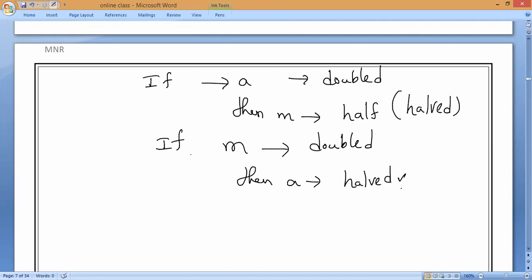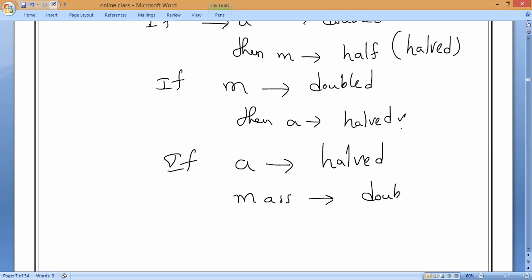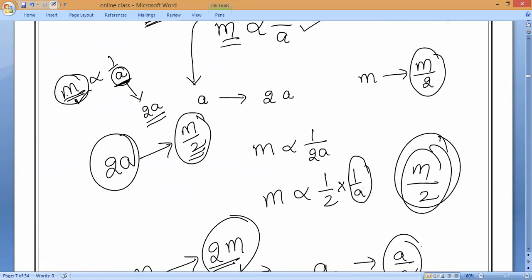That is what you have to remember. Next, if acceleration is halved, then what about the mass? Mass will become doubled. Understand? If mass becomes halved, then acceleration becomes doubled. Mitakshri, have you understood clearly? Very good.